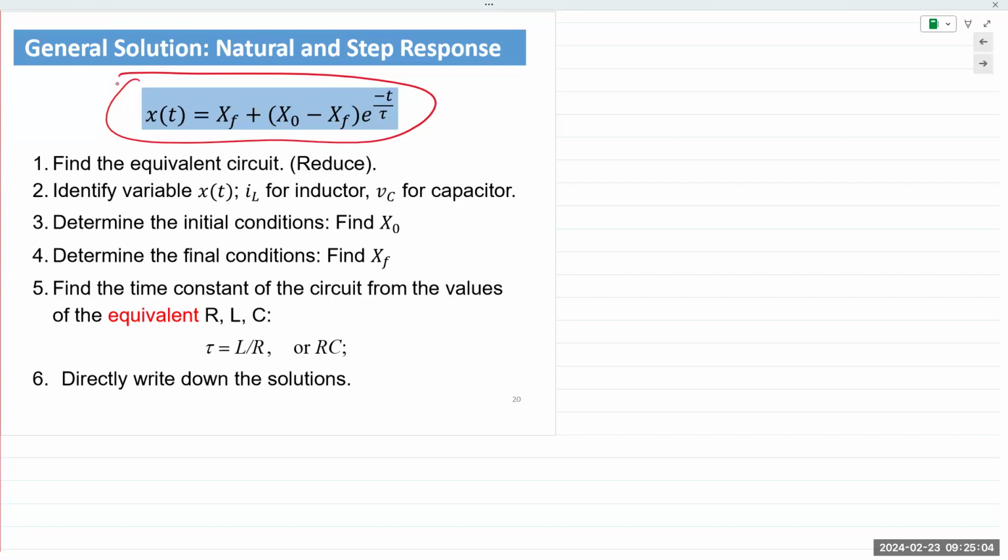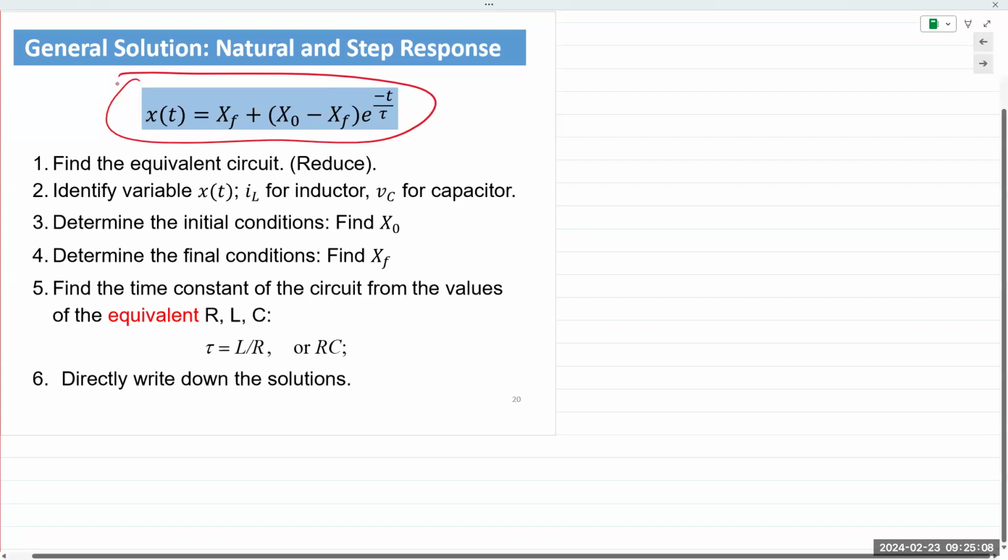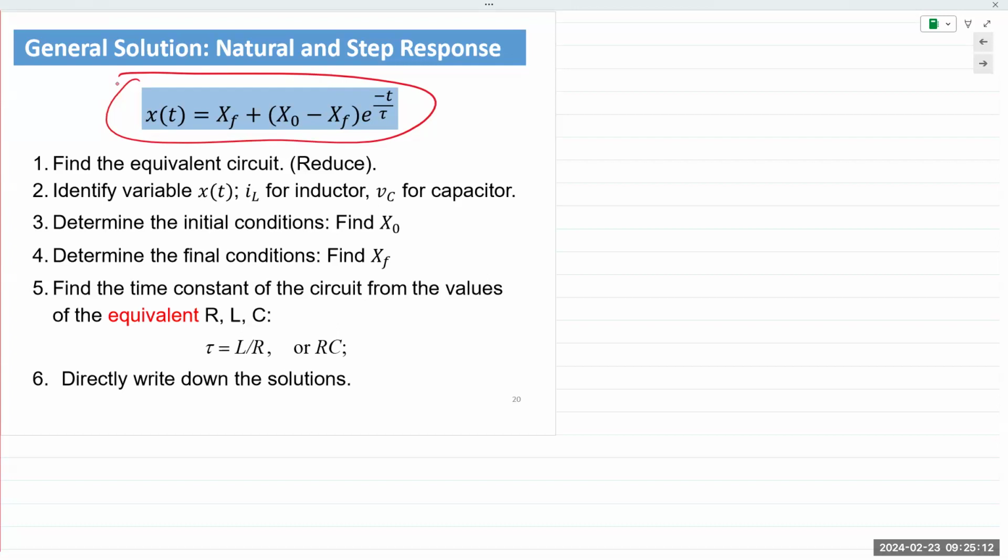So now let's take an in-depth look at how this equation would work for both the applied step response as well as the natural response. Let's say we are talking about a natural response circuit. Natural response means the component is charged and it's simply discharging all of its energy down to zero.